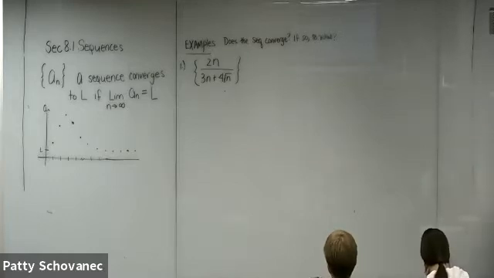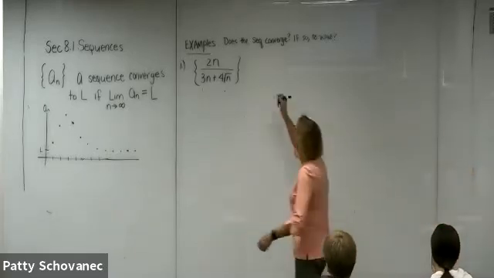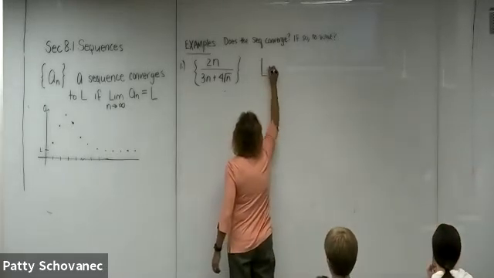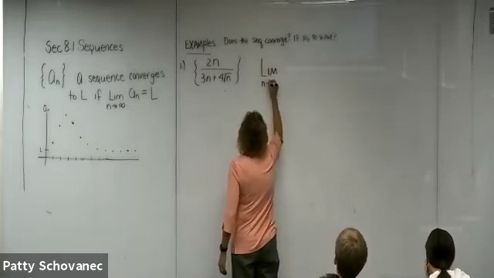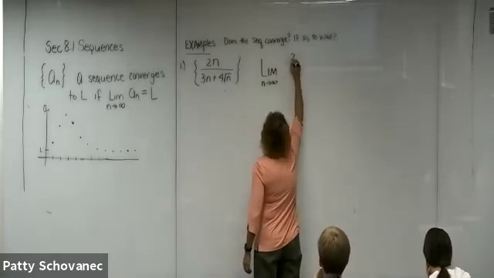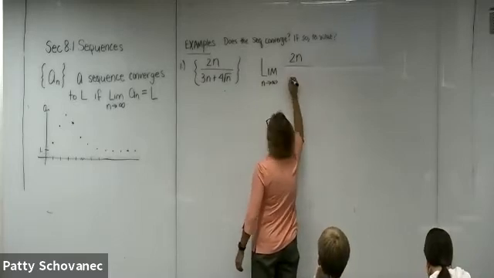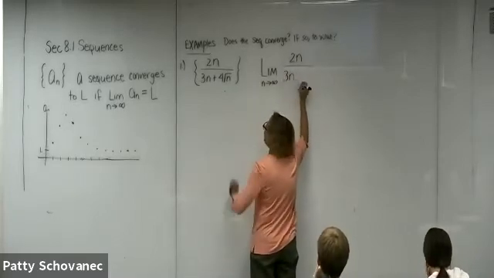Converges to 2/3. Does everybody see that this one's going to converge to 2/3? See, we're kind of using our little tower of power. And if we were to take this limit here, the numerator has an n to the first power as its only power.